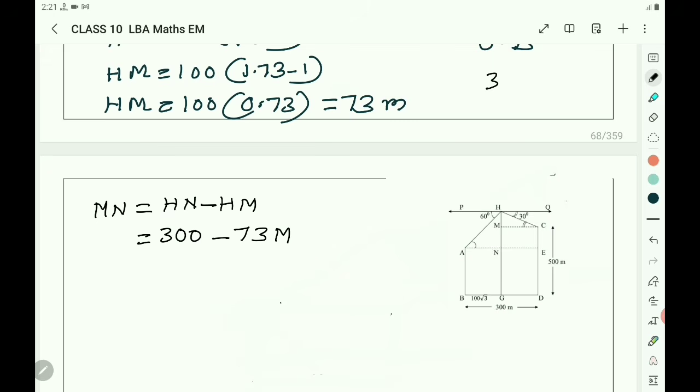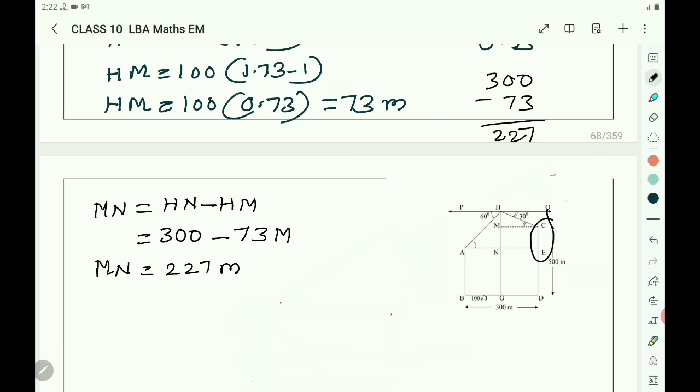Then you write 300 minus 73. 10 minus 3, 7. 9 minus 7, 2, and what is remaining here? 2. So you got 227 meter. MN is equal to 227 meter. You got MN.